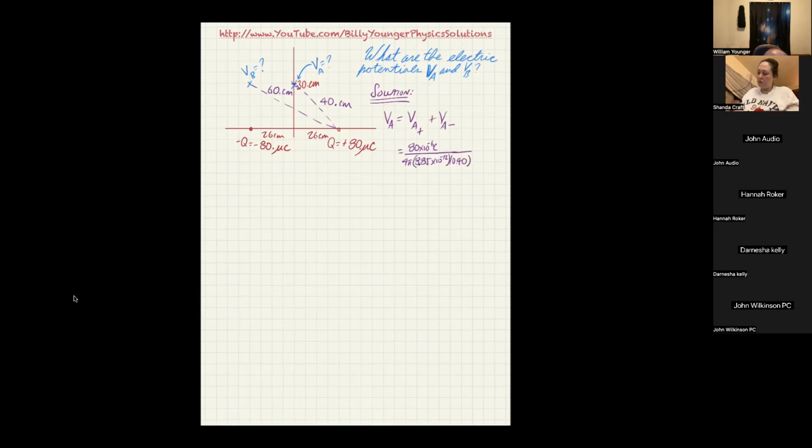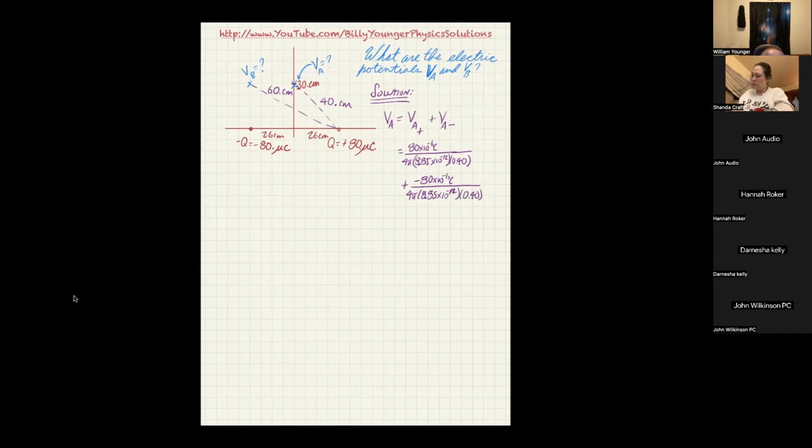Now I've got to add to that the one due to the negative charge. You can see, of course, by symmetry that that also is 40 centimeters. So in this case, it's going to be negative 80 times 10 to the negative 6 coulombs, again leaving off the rest of the units, over 4 pi times 8.85 times 10 to the negative 12 times 0.40 meters.